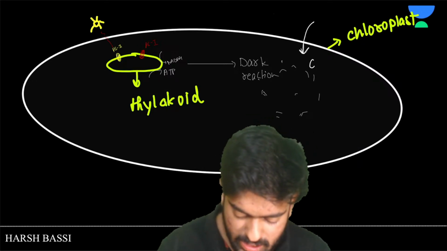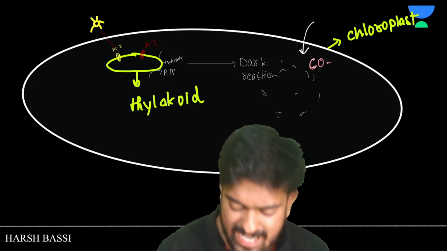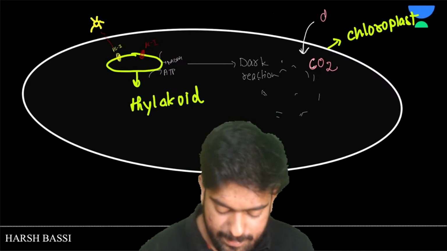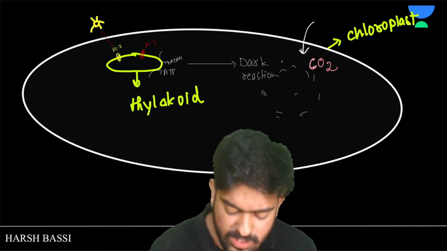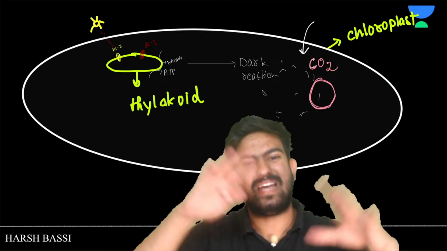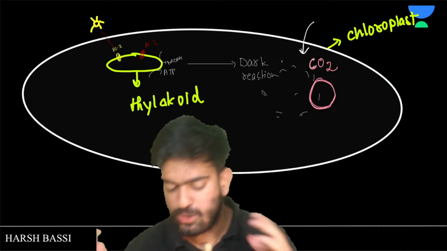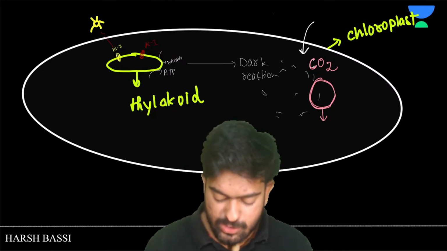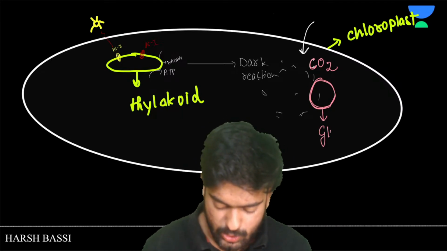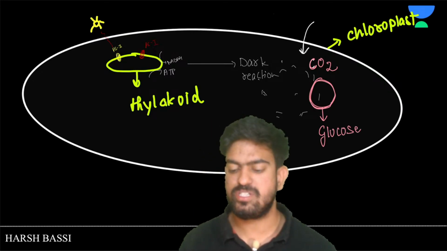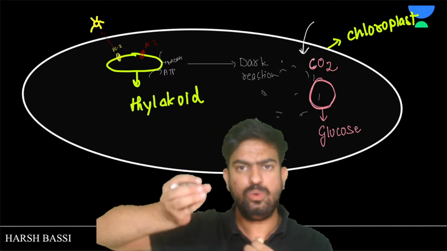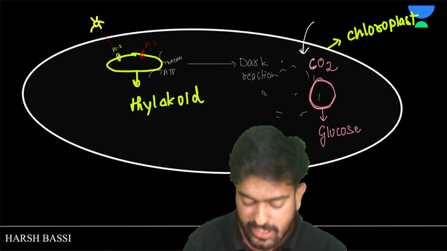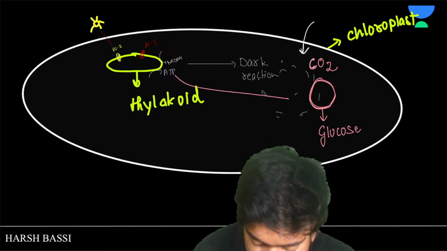Where we got CO2 from, I'll explain all that. In the dark reaction, CO2 comes, undergoes some cyclic steps, and makes glucose. So this is the basic thing happening in the dark reaction: CO2, something happens, glucose. And for that to happen, we need the ATP and NADPH.